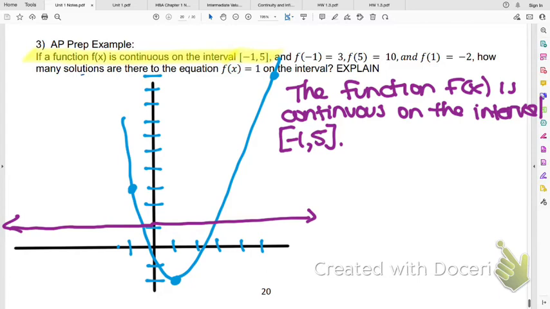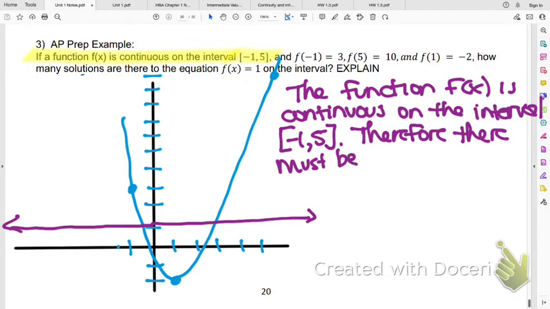We then move on and say, therefore, there must be at least. Keyword right there. Why do I say at least as a keyword? Because of the squiggly thing, right?